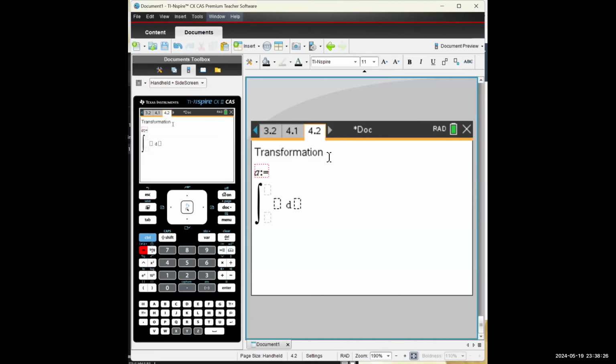A is assigned to 1. Press enter, and B is assigned to minus 1. And let's say C is assigned to minus 6 plus 12n, and D is assigned to 0.